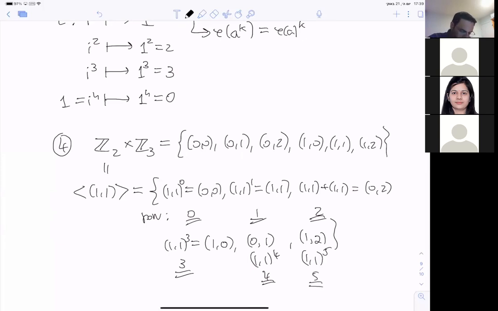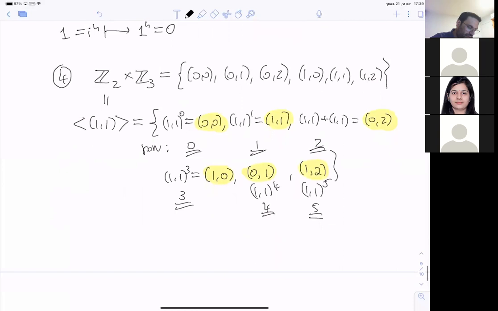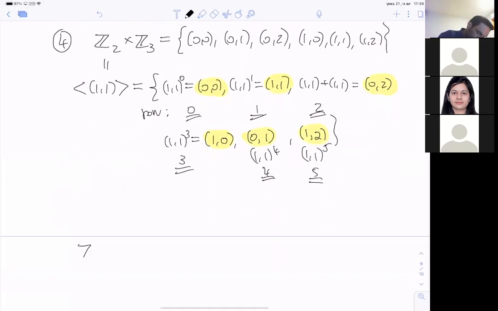So what do we see here? That this is a generator of the group. You may think that this is the situation every time that we take direct products. Not at all. For example, if we take Z2 with Z2, this is not cyclic.